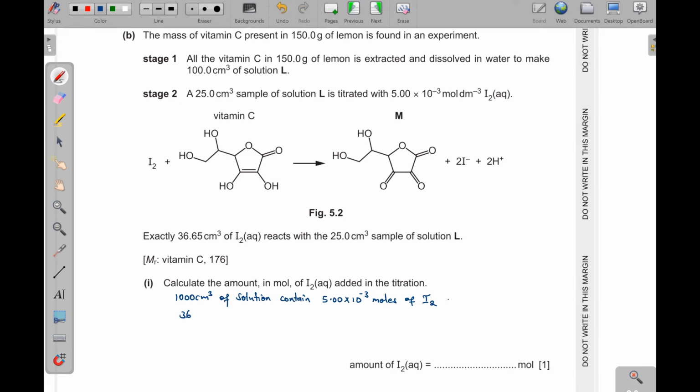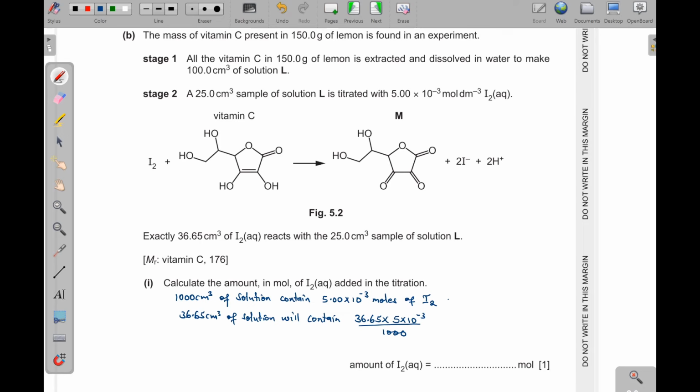Then how about the 36.65 cubic centimeters of solution which reacted? So this one will contain 36.65, then times this 5 times 10 to power negative 3, then you divide by what? 1,000.